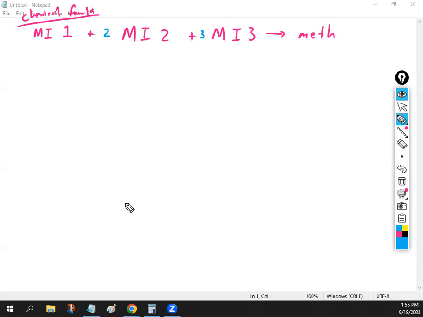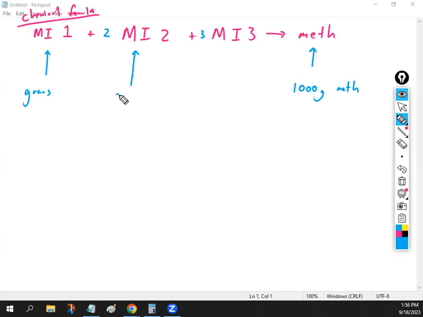Stoichiometry is basically figuring out, if I want to make, let's say you want to make a lot of money, 1,000 grams of meth, it's basically using the chemical formulas to figure out how many grams of meth ingredient number 1 do I need to get at Home Depot?